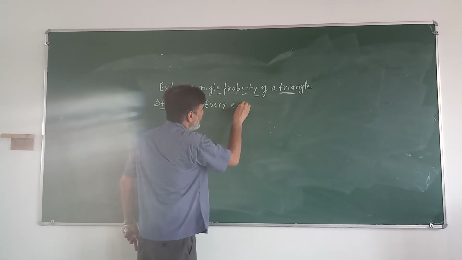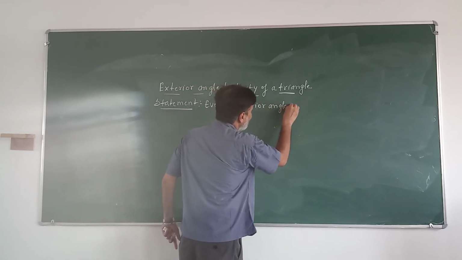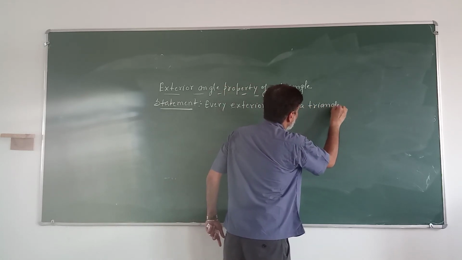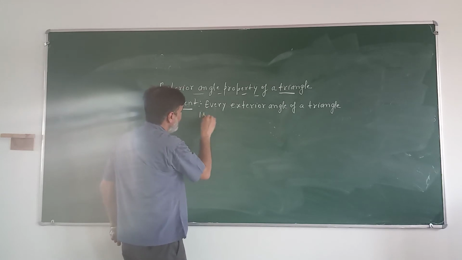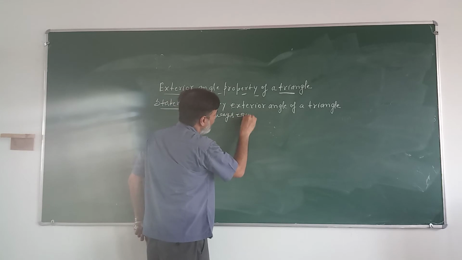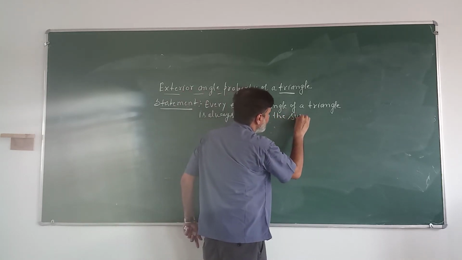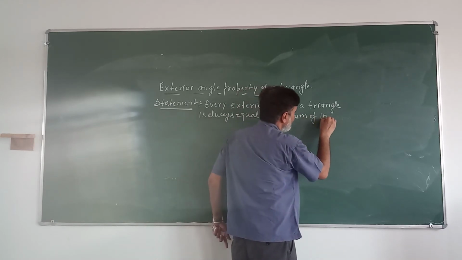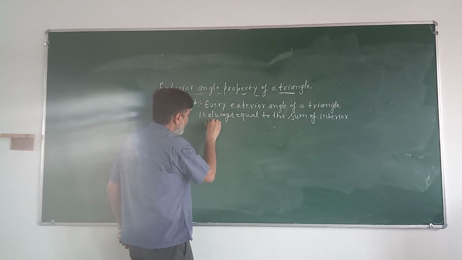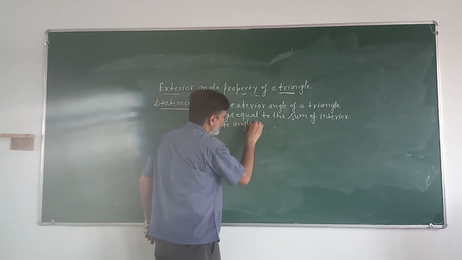every exterior angle of a triangle is always equal to the sum of interior opposite angles.